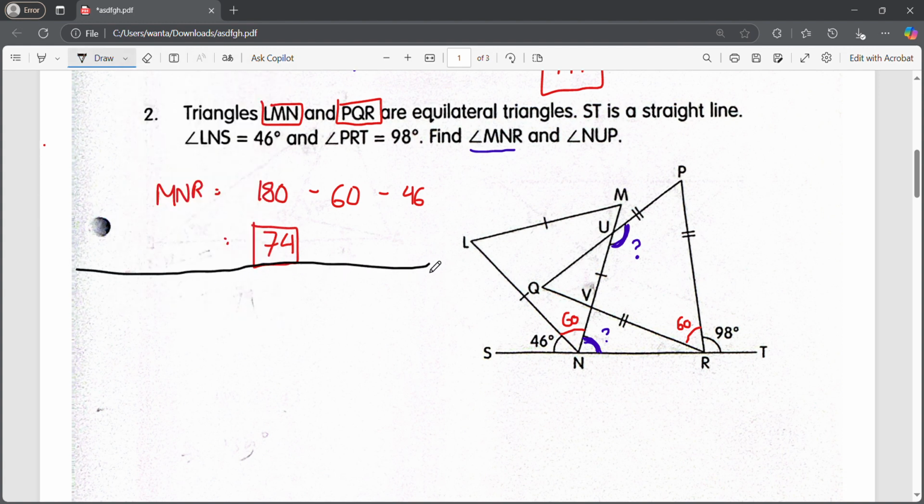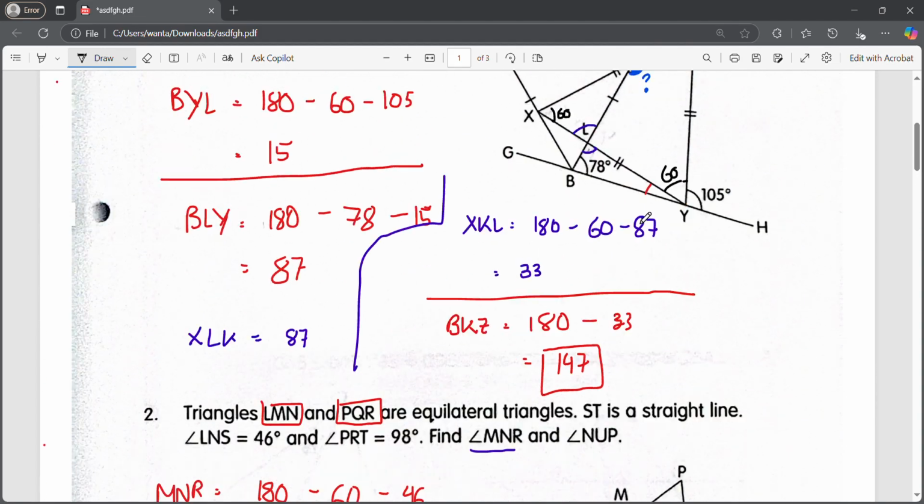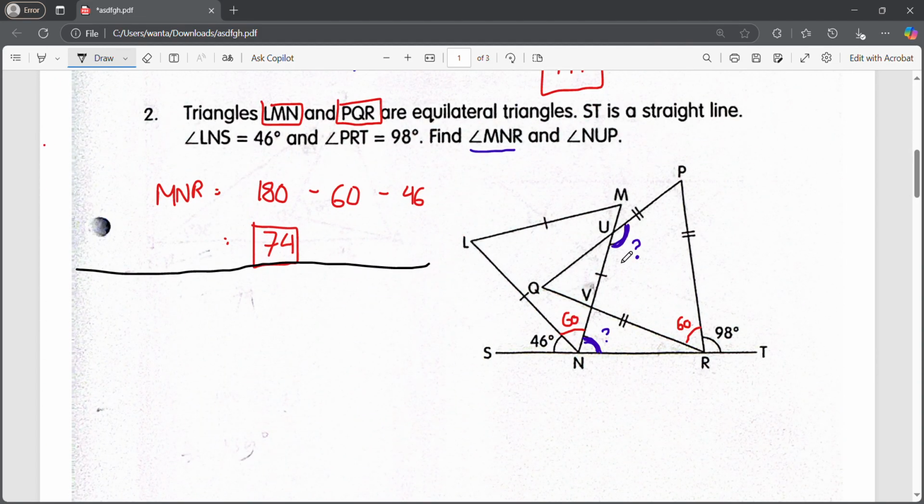Okay. Next, let's find NUP. So how do you think we'll find NUP? Well, if you notice, NUP is actually similar to the first question, so we can use the same method like before, using the straight line property. Since NUP is in a straight line with QUV, all we have to do is find QUV, and then we'll find NUP.